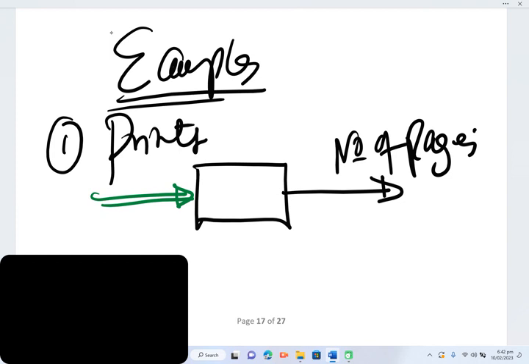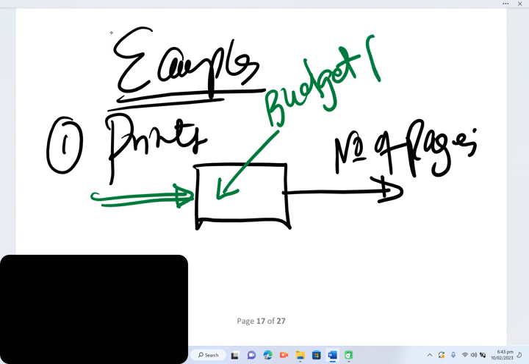Sasa kwenye printer hapa lazima kuwe na budgeted pages. Budgeted what? Pages. Umenisikia? Lazima upewe budgeted pages for the life. Life of printer. Exactly.